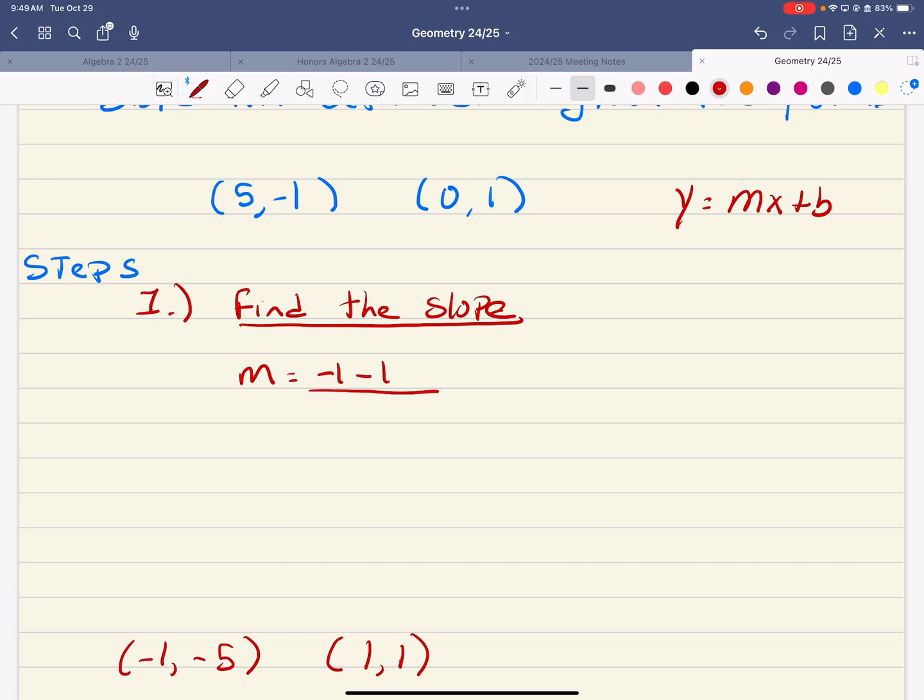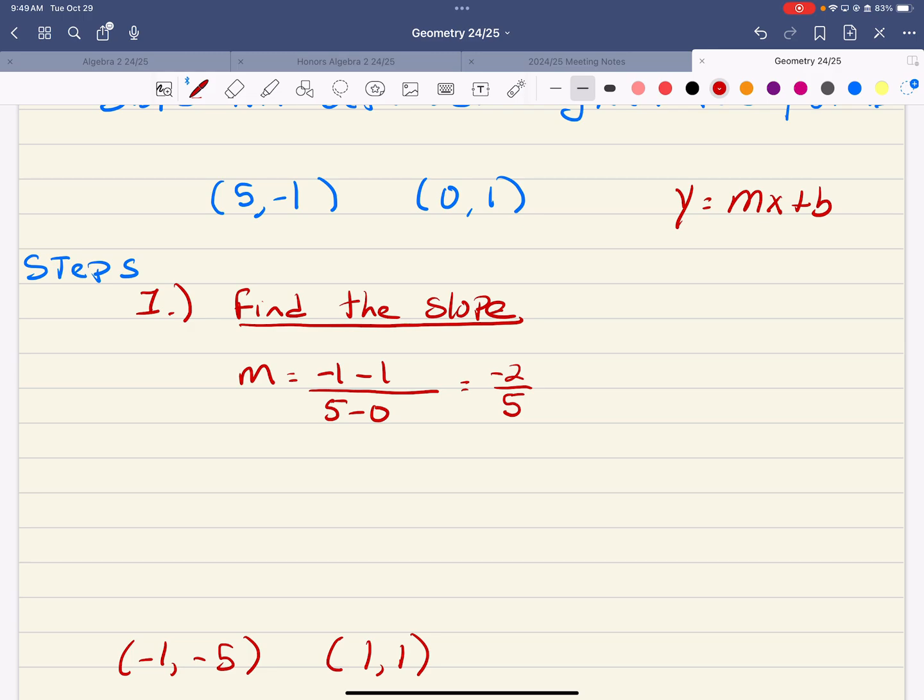So it's our change in y's over our change in x's. So 5 minus 0. So our y's are on the top, the x's on the bottom. So that's -2/5. So that's my slope. My slope is -2/5. Okay, so that's step 1.